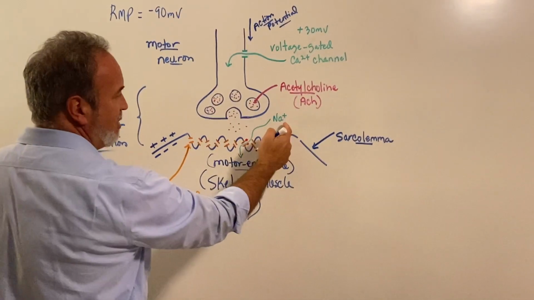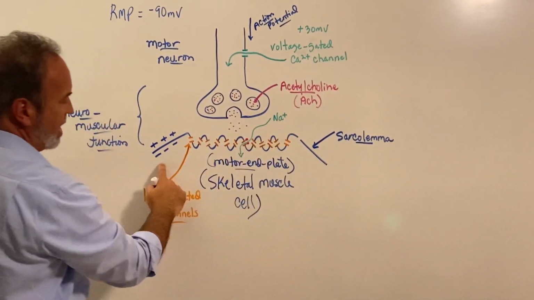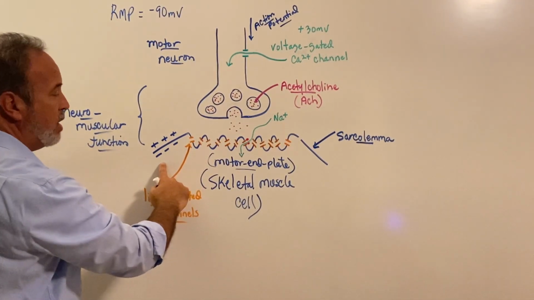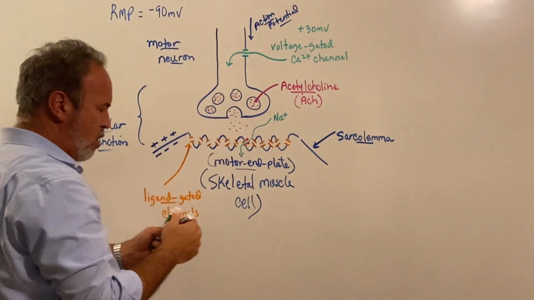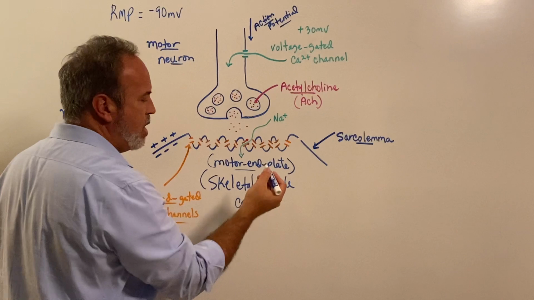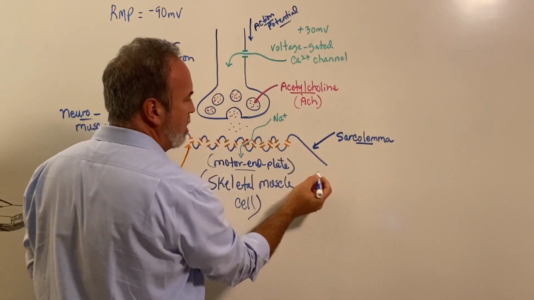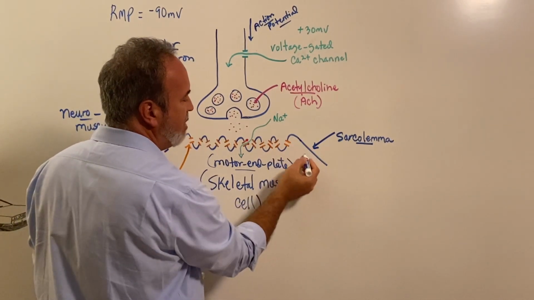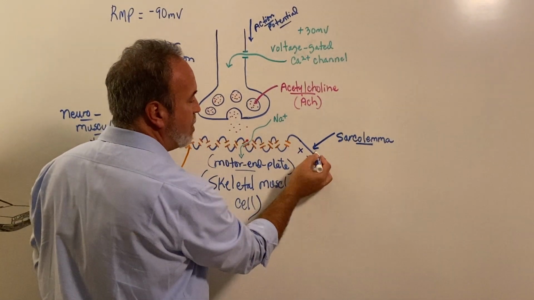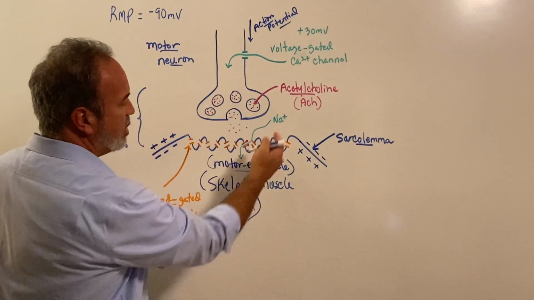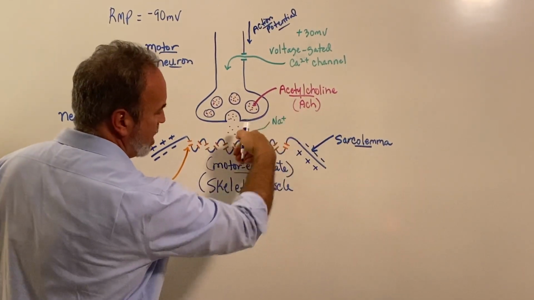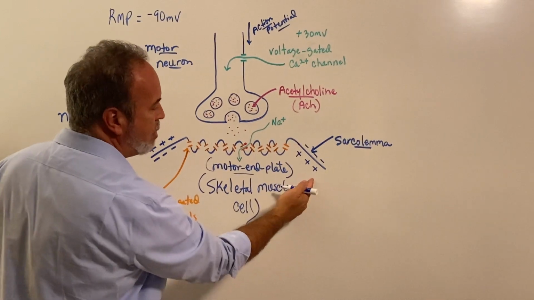So what happens is that when sodium comes in, the inside is going to turn more positive than the outside. So just to represent that on the other end, I would just do that. Here I'm going to put the inside is going to be more positive now, right? And the outside is going to be more negative, because we're losing sodium, which is positively charged, from the outside. So it's coming in and it's making the inside of the cell more positive.